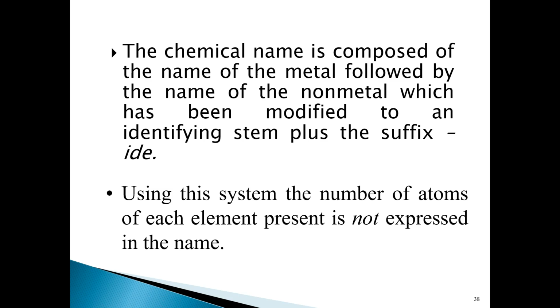Now, another thing I need to mention here, and this is one big difference between naming binary molecular compounds and binary ionic compounds: we do not express the number of atoms present in the formulas. So we do not use prefixes like mono, di, tri, etc. That is not allowed when it comes to naming ionic compounds. So that is something you need to keep in mind as well.